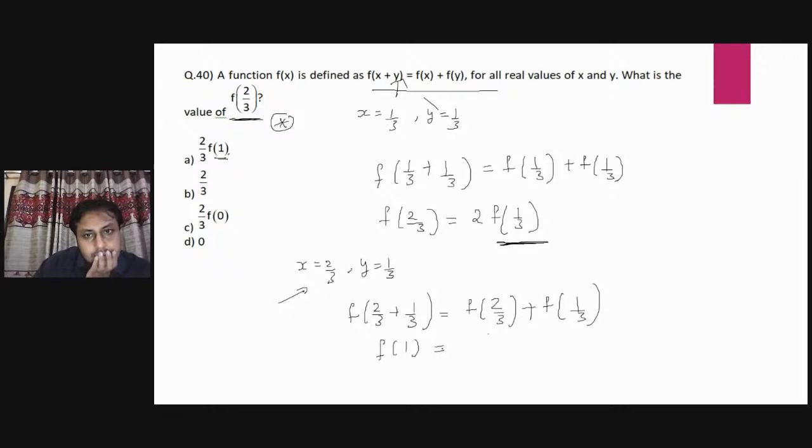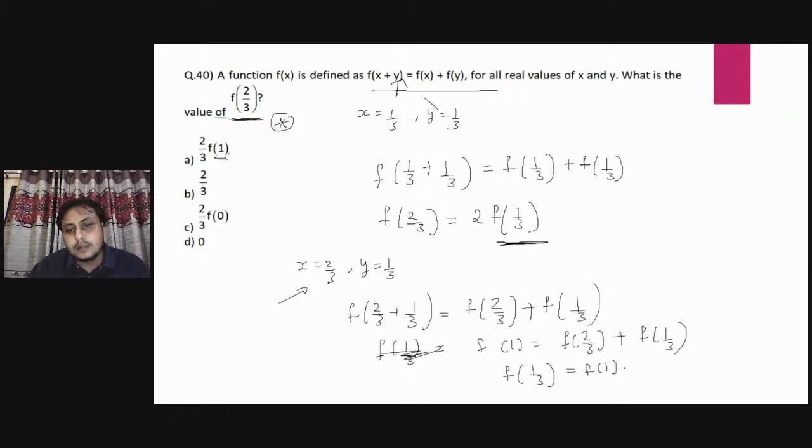So do one thing, f of 1 by 3 comes out to be, this is f of 1. f of 1 equals f of 2 by 3 plus f of 1 by 3. So f of 1 by 3 comes out to be f of 1 minus f of 2 by 3.